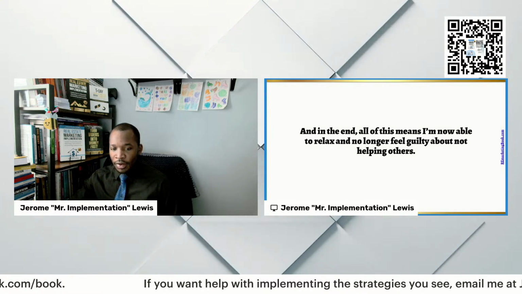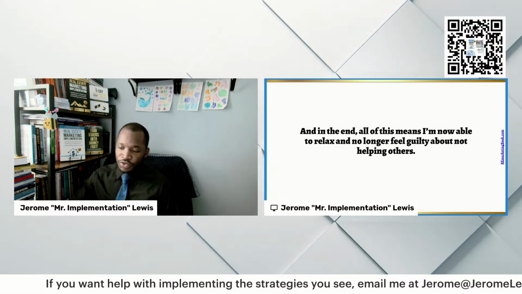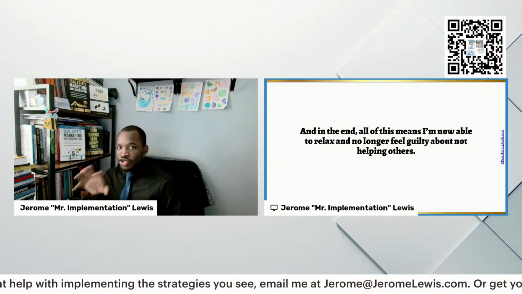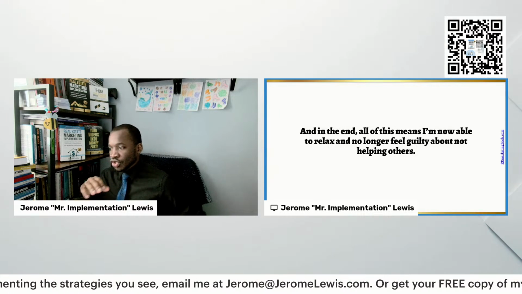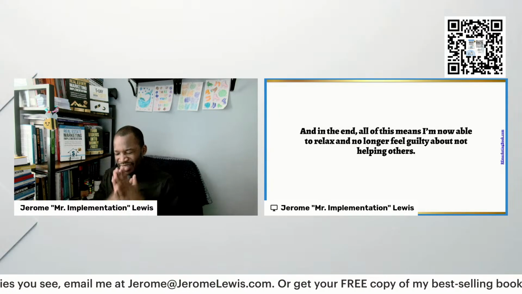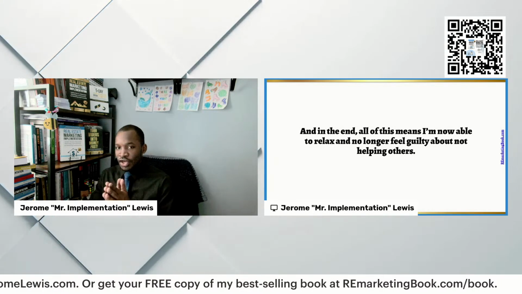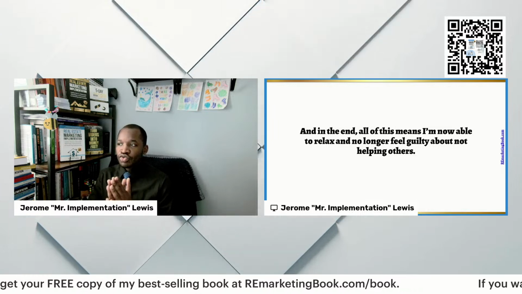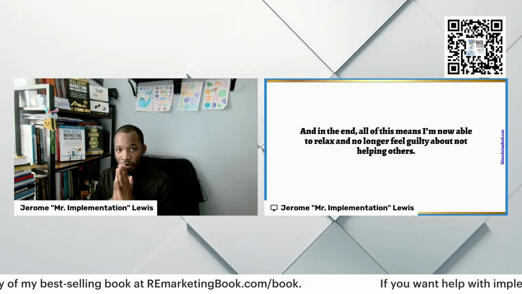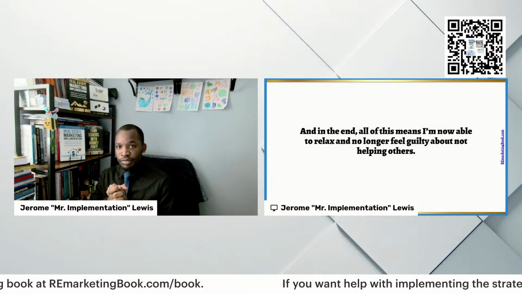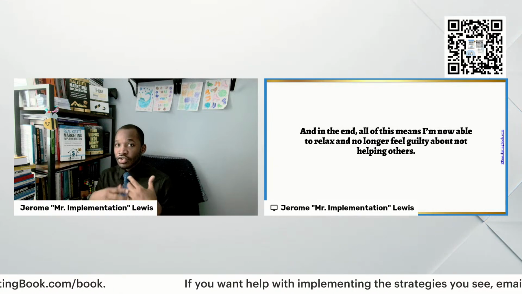With that, my name is Jerome Lewis. Here's what I want you to do. Enjoy your book, dive in, and make sure you implement. That's the most important thing I can tell you out of everything. Make sure you implement what you learn from this book and these videos, this new journey.